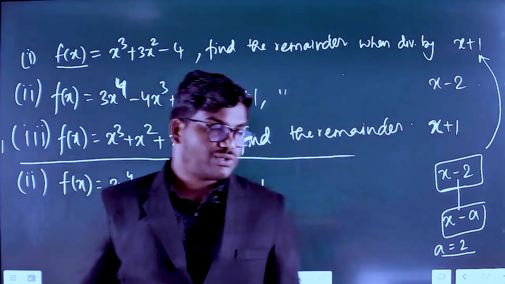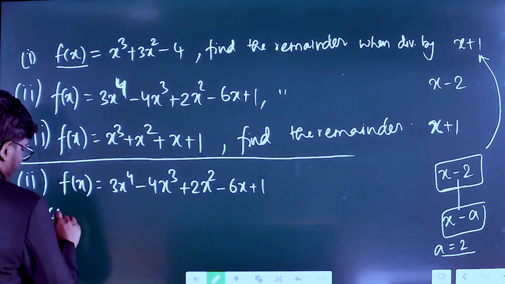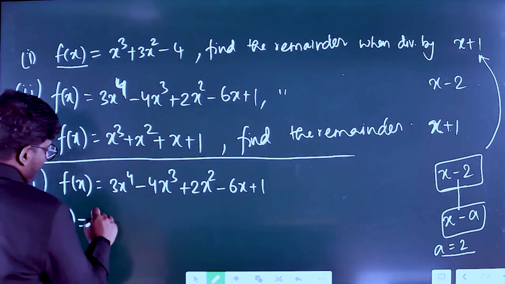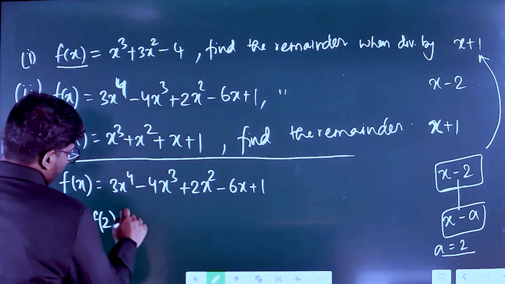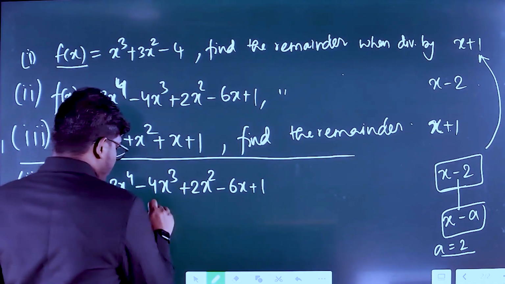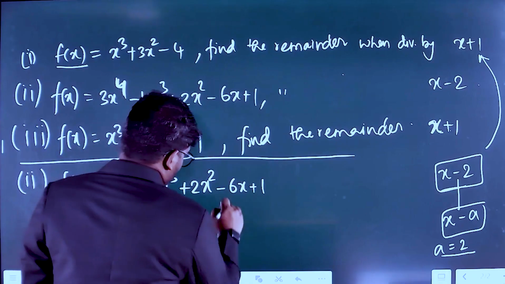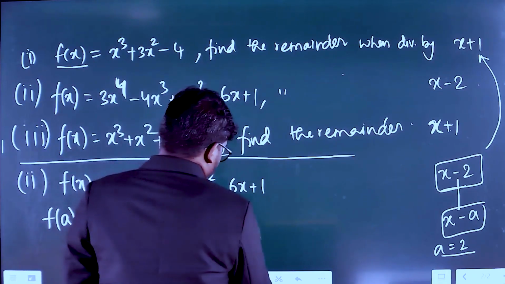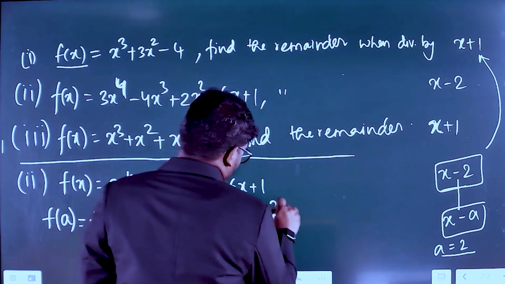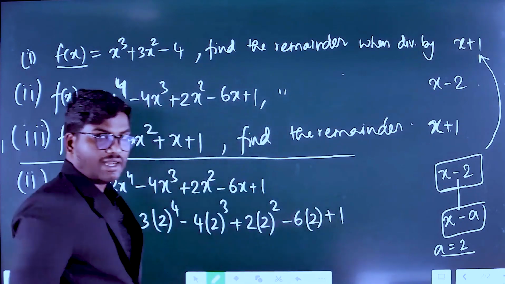If a is 2, we need to substitute a in the place of x in f(x). So f(a) will be f(2). So f(2) will be, in place of x we need to substitute 2, which is 3 into 2 power 4 minus 4 times 2 cube plus 2 times 2 square minus 6 into 2 plus 1, right?